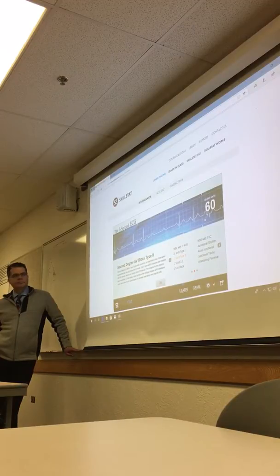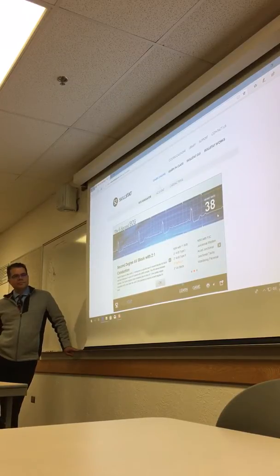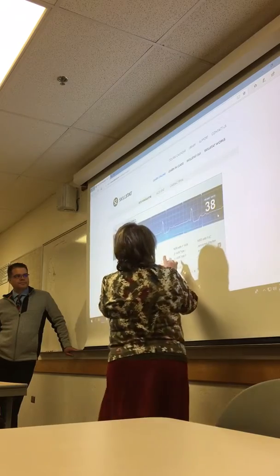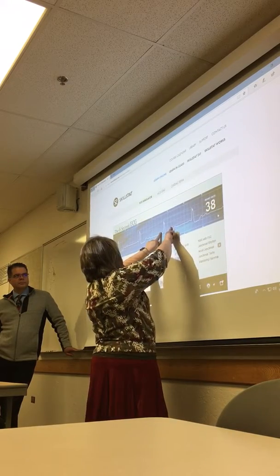This next one's another one I don't like. We saw this at clinical the other day. All they're saying is this is the exact same rhythm as the one before, but every other one. So this supposedly is a normal QRS.